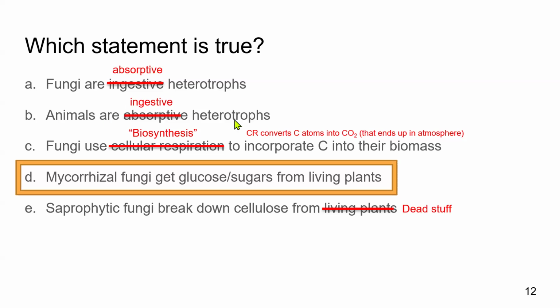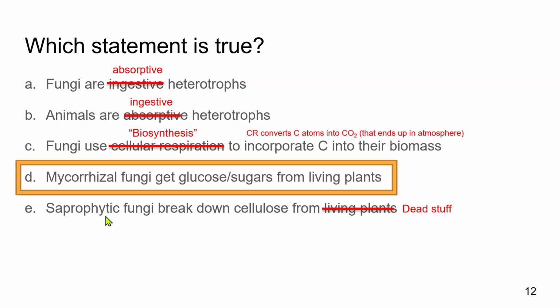Animals are ingestive heterotrophs. Fungi use biosynthesis to incorporate carbon into their biomass, not cellular respiration. Cellular respiration is basically going to turn carbon atoms that are in their biomass into CO2 and put it back out into the atmosphere. Saprophytic fungi break down cellulose from dead things.